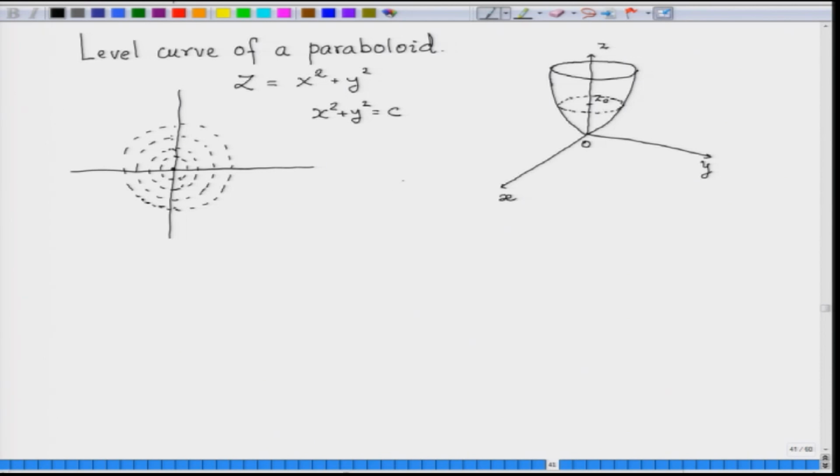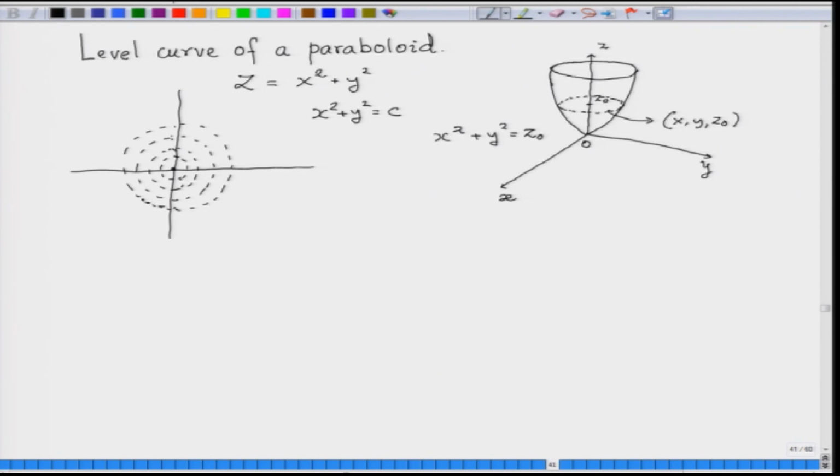And in that circle, what would be the scenario? At every point of that circle, the z value is z naught. So any point you take here has coordinates of the form x, y and z naught, which means it will satisfy the equation x square plus y square is equal to z naught, because z's value is z naught.